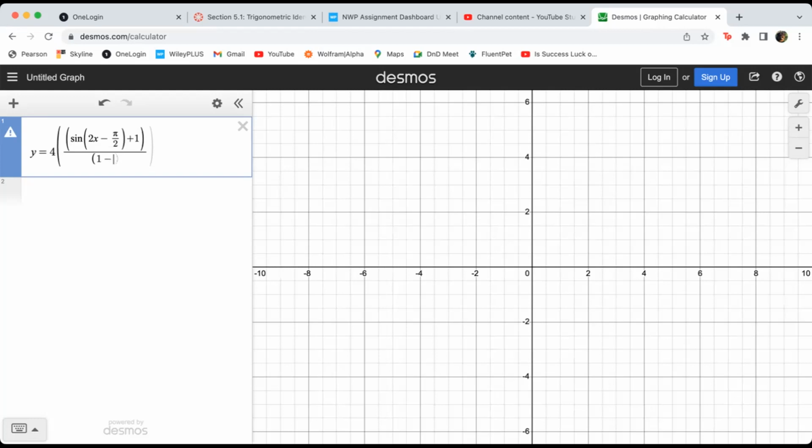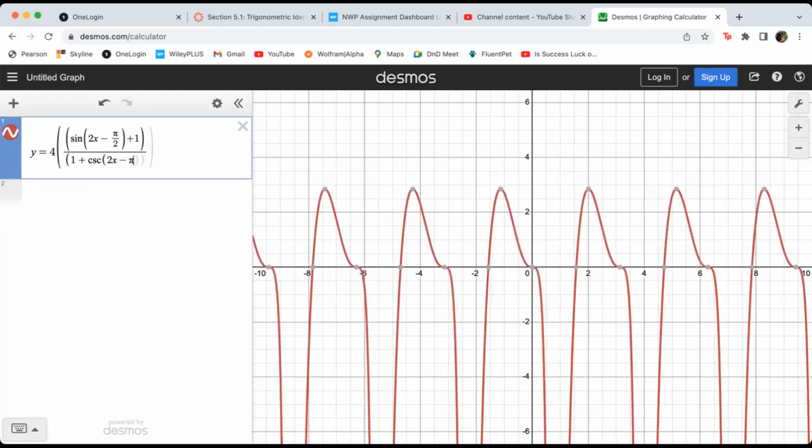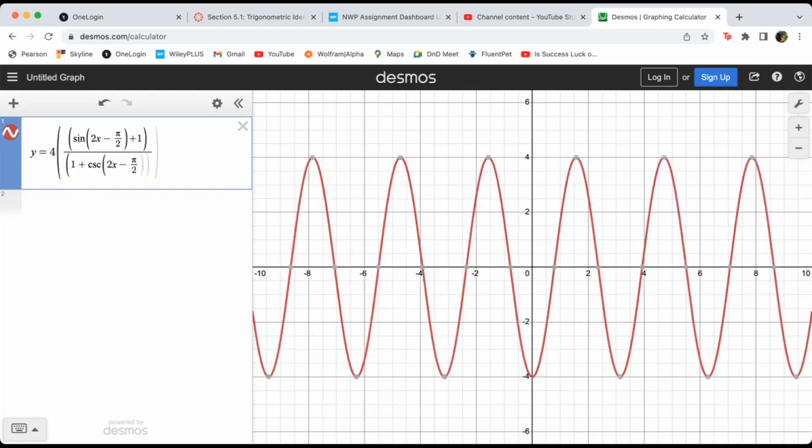I wrote minus down here, but it's one plus cosecant.